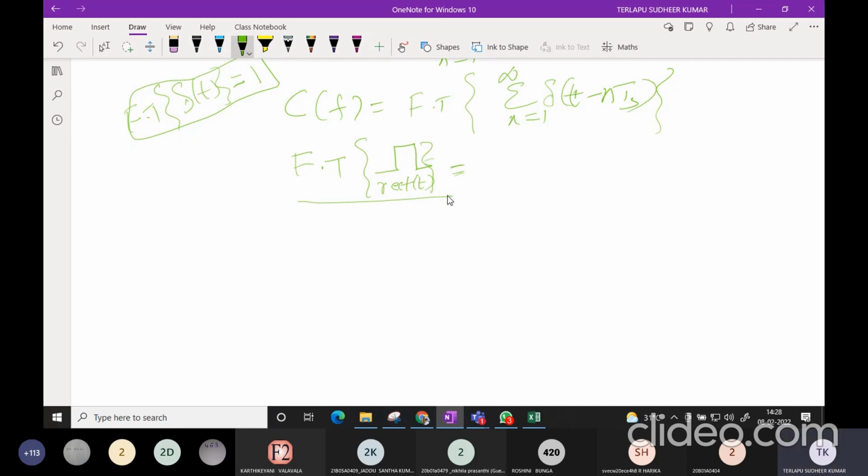Any other answer? My time duration is tau. Then this is a sinc function. Fourier transform of a rectangular pulse is a sinc function: sin of omega tau by 2 divided by omega tau by 2, or simply tau sinc of omega tau by 2.